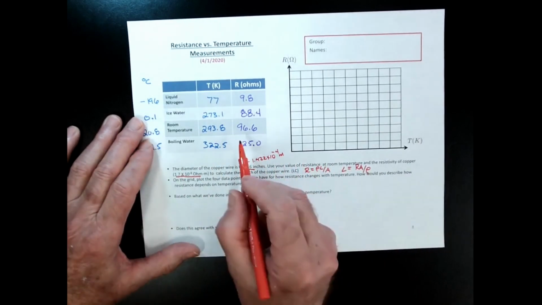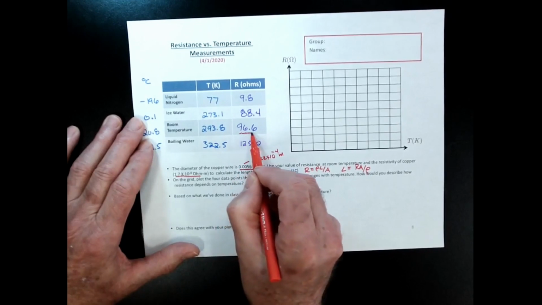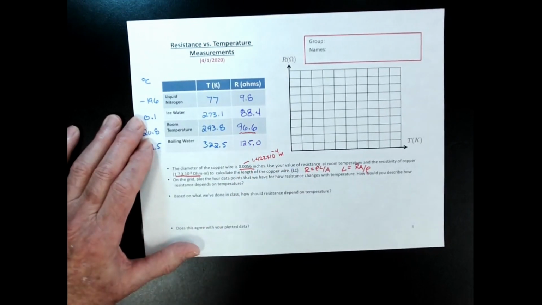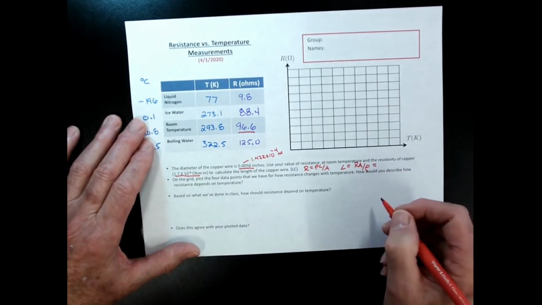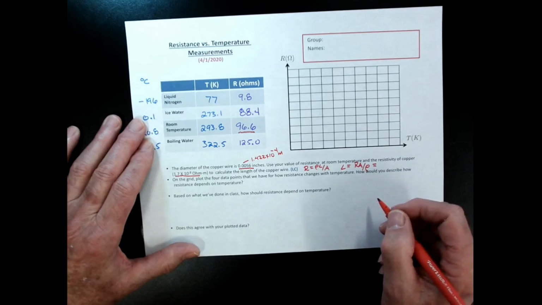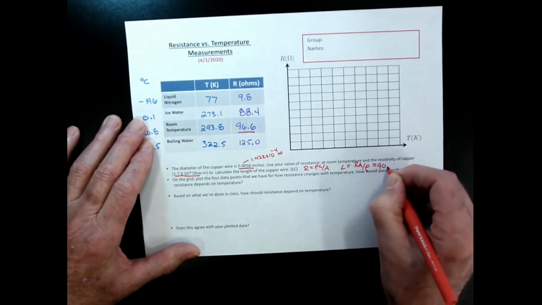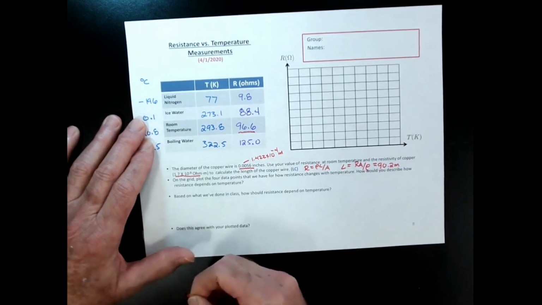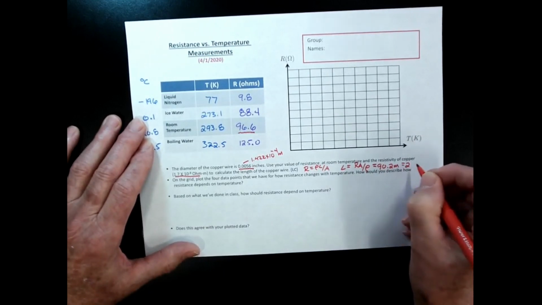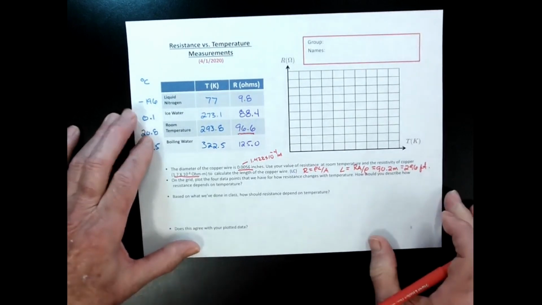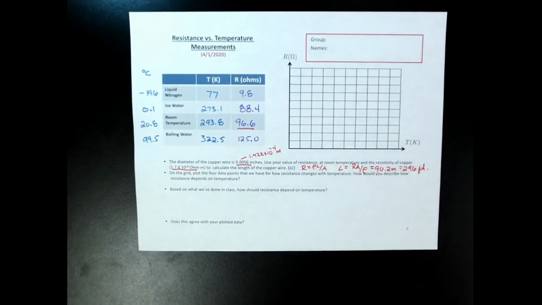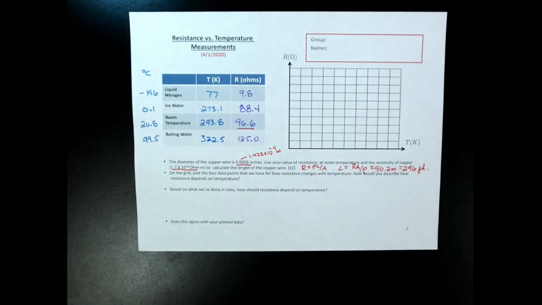We're using the room temperature resistance here, 96.6 ohms, and I get that the length is 90.2 meters, or if you want, 296 feet approximately. And that is around correct. The devices were made where they're used about 300 feet of that copper wire.